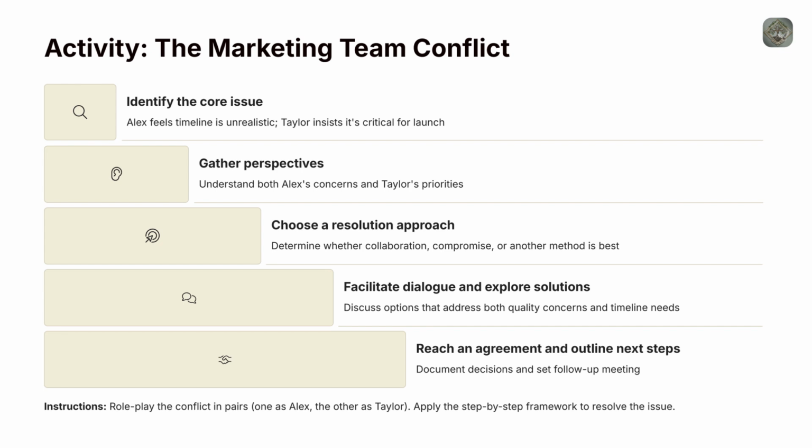Choose an approach. Collaboration or compromise might work here. 4. Facilitate dialogue. Establish ground rules and brainstorm solutions. 5. Reach an agreement. Split tasks or adjust the timeline. Reflect. Which strategies worked best, and how can you use them in your own conflicts?